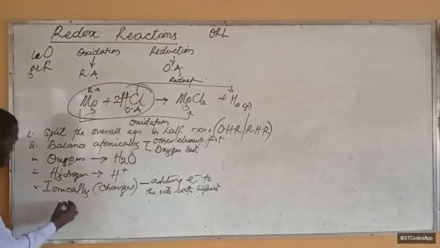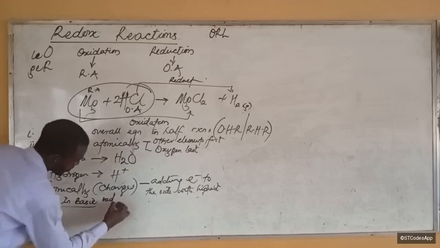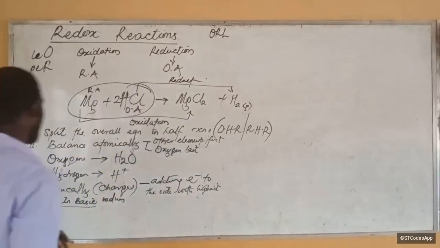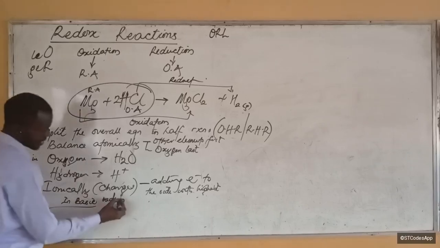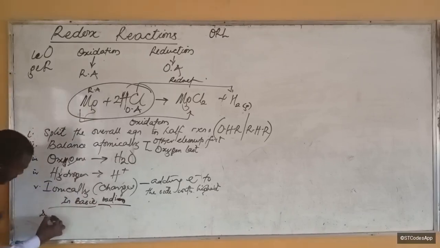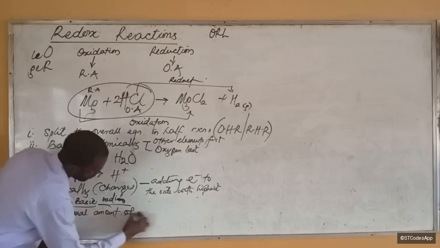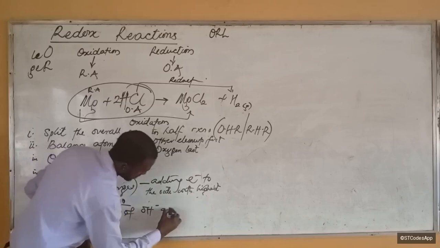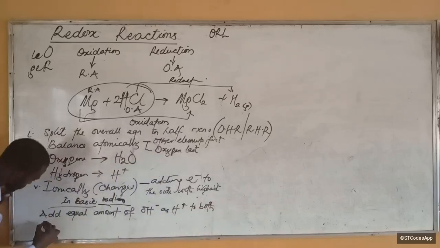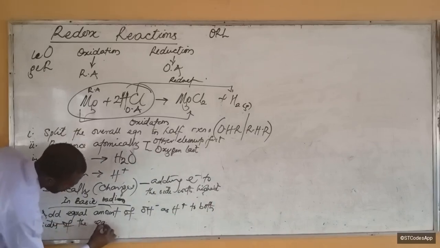If you now want to balance in basic medium, I teach my students to first balance in acidic medium before balancing in basic medium. In basic medium, you add an equal amount of OH minus as H plus to both sides of the equation.